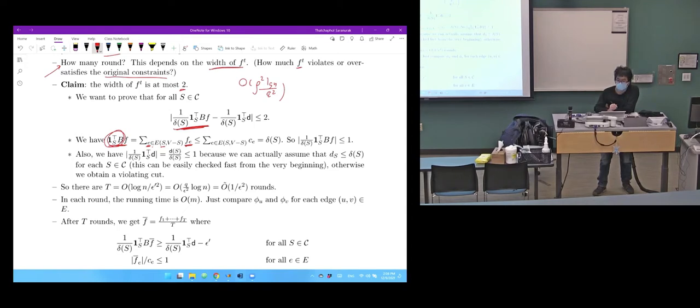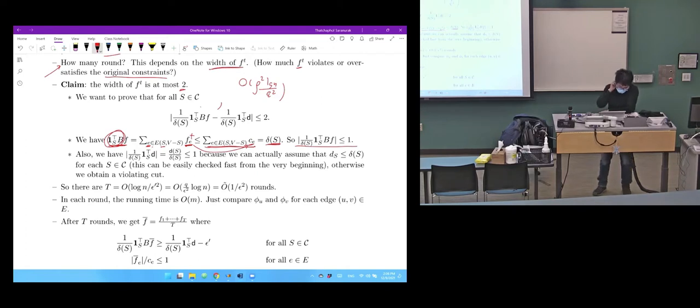And you look at the flow crossing this. But the flow is at most the capacity, because at every time f_t respects the capacity. So this is just summing up over all the capacity of the cut of S. So this is just the cut size. So this term is at most the cut size, but you divide it by the cut size. So you get that this is at most 1.